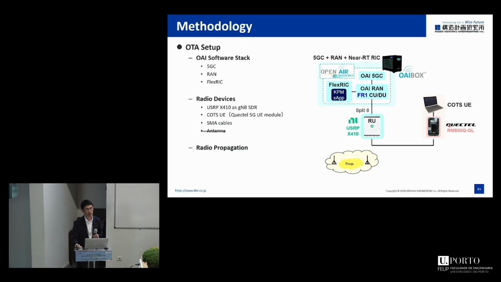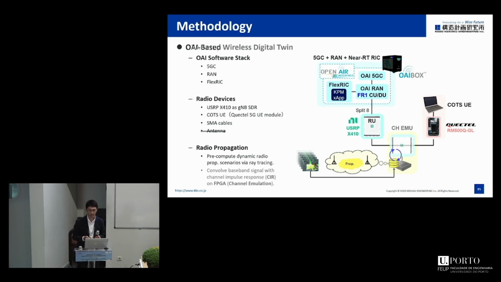So instead, we take a different approach. We pre-compute the dynamic radio propagation scenarios using ray tracing in advance. And this gives us realistic time-varying channel data before running the actual experiment. And then we apply them directly to the cable-transmitted signals by convolving the baseband signal with the channel impulse response, or CIR.